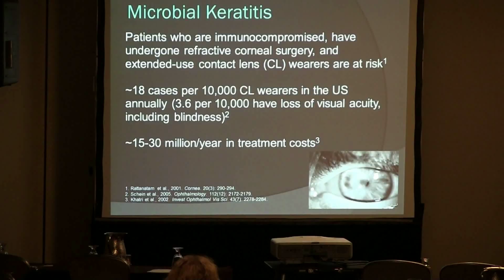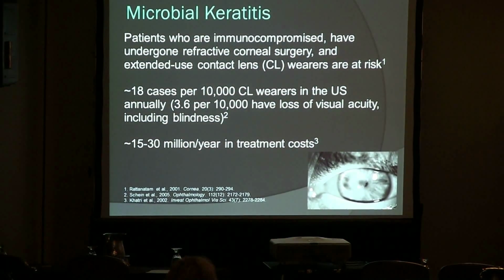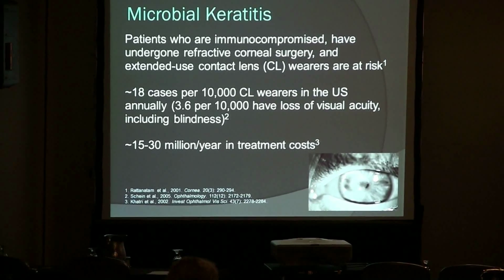Of these patients, about 20% had some level of visual acuity loss. So there's the loss of vision, as well as substantial economic impact from this disease, which you can see by the $15 to $30 million per year in treatment costs.